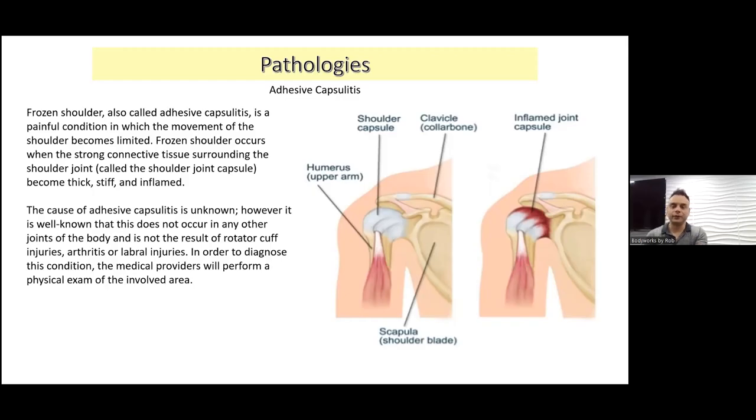Other possible causes could be the opposite end of that spectrum, which would be overuse, or repetitive use. Moving the shoulder, working overhead and doing all these crazy movements could create inflammation in the capsule and then lead to stiffening and restrictions in movement. So what can massage do in most of these instances?